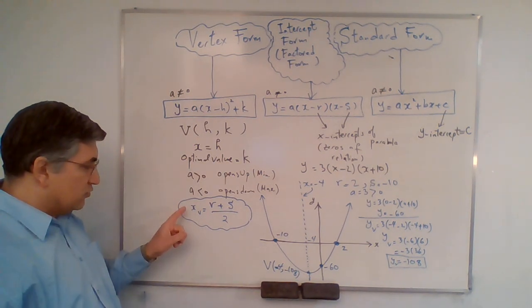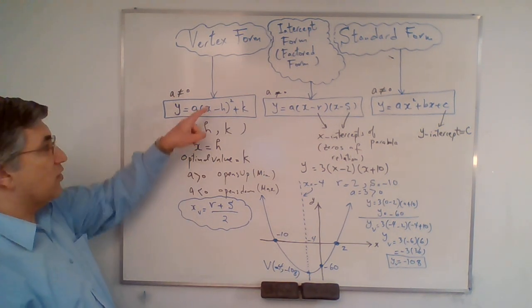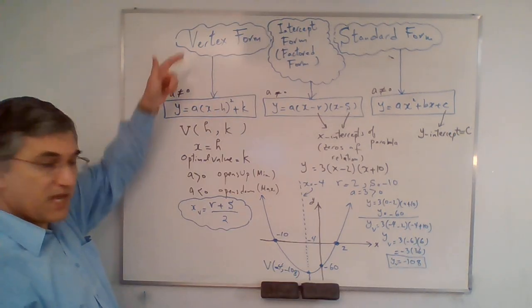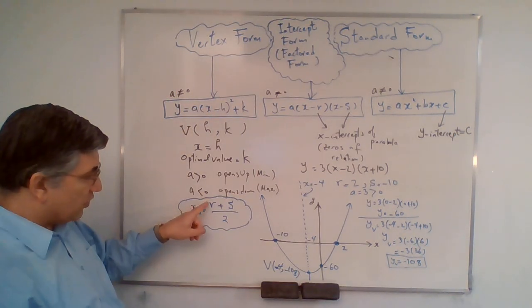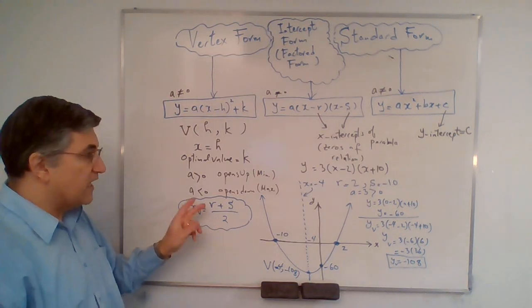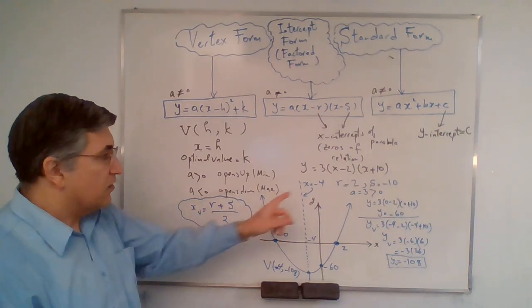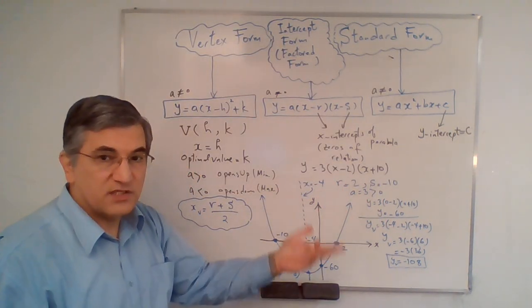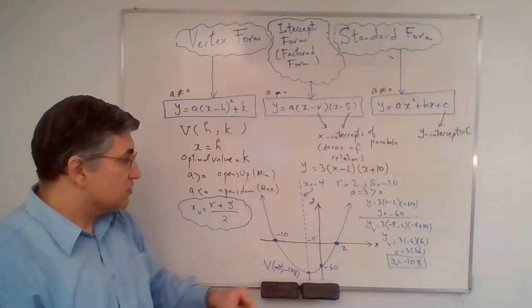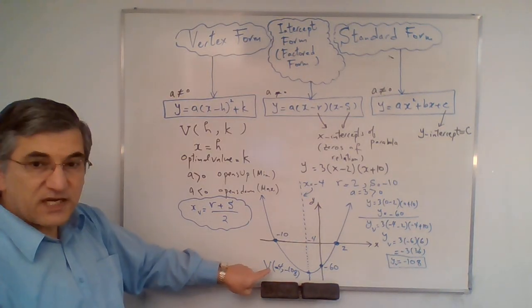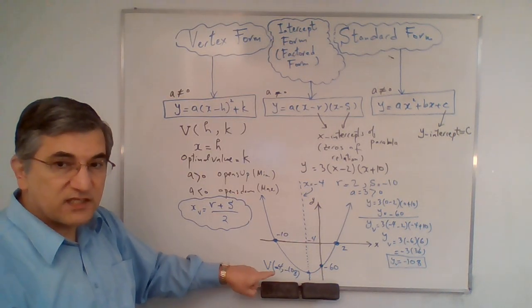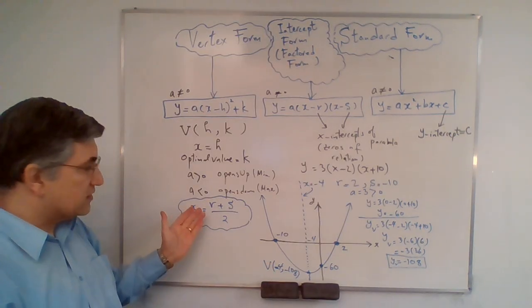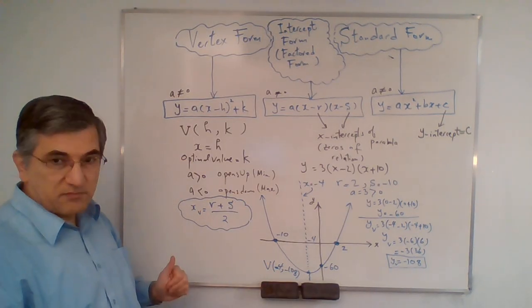So the x-coordinate of the vertex, which we called h in vertex form in the past, is equal to r plus s divided by 2, or the average of the x-intercepts. Here r is 2, s is negative 10, add them up, negative 8 divided by 2, negative 4. So that means the x-coordinate of the vertex is at negative 4, as we said before. So that's another important property to remember.